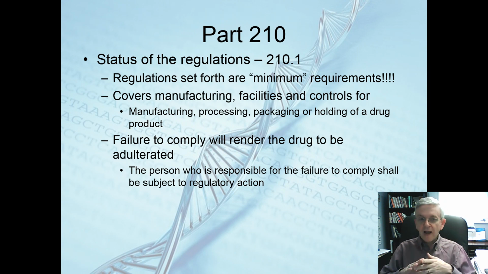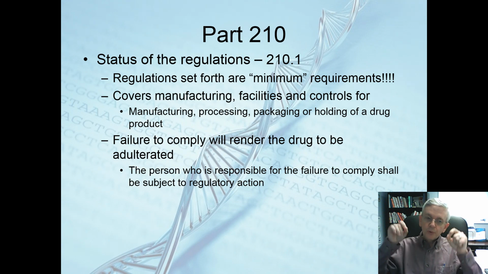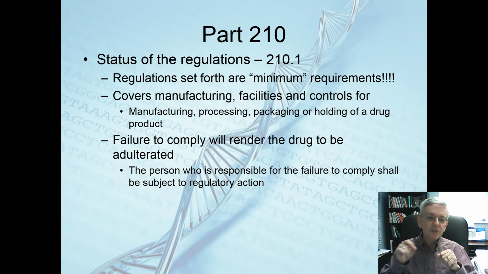This covers manufacturing, the facilities, the equipment, the controls, and various other aspects. Failure to comply with these GMPs means that your product is considered to be adulterated. That means it does not comply with federal regulations, and the person who is responsible for the failure to comply shall be subject to regulatory action.